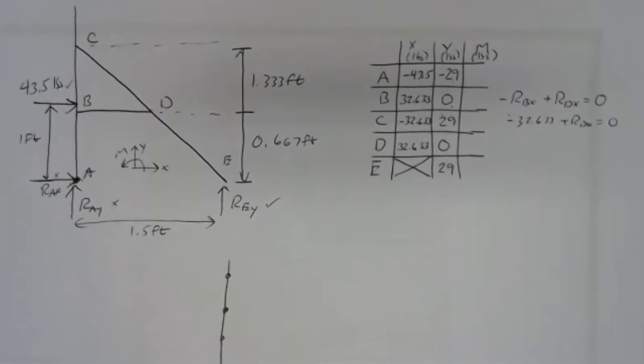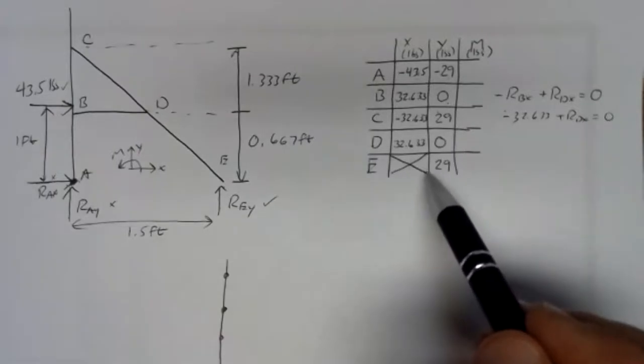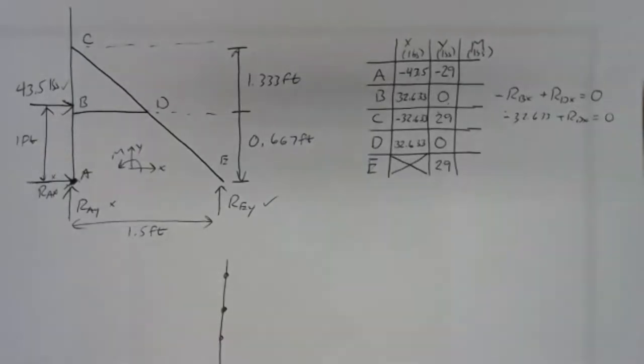The only thing left to do is find our magnitudes. So again, ignore the negatives when you do your magnitudes. They'll just cause you problems if you try to key it all into your calculator. Just square the values independent of sign, add them, take the square root, and you'll get your magnitudes. So 43.5 squared plus 29 squared.